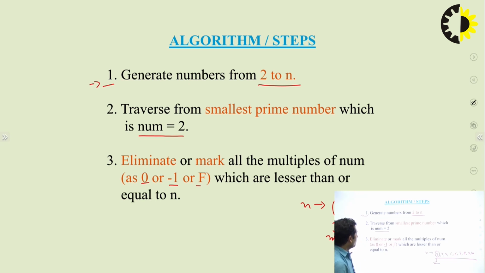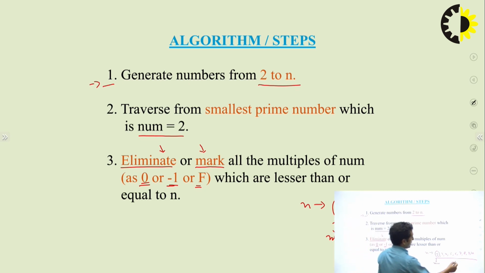So just mark the number or eliminate the number from the list. We can choose any approach, eliminate or mark. For marking we can use 0, -1 or f, for the multiples which are less than or equal to n. N means the last limit.